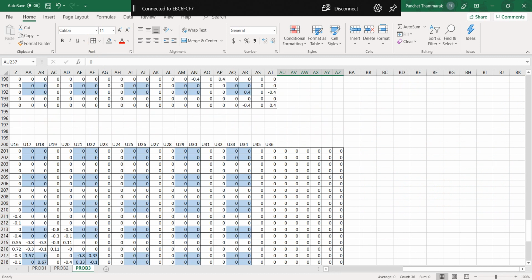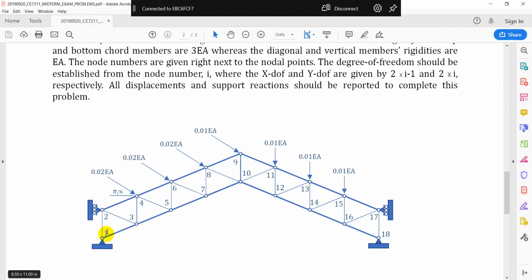Boundary conditions at 1, 2, 3. Horizontal. 1, 2, 3.